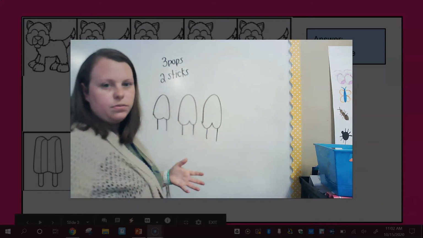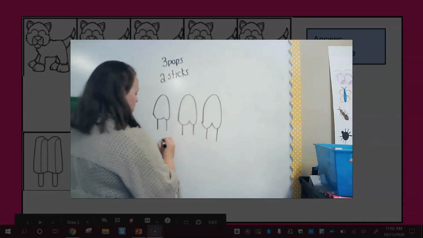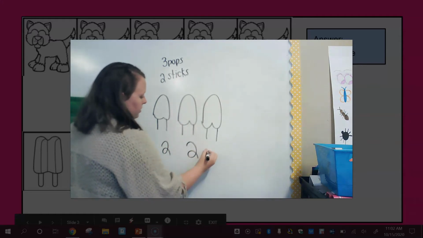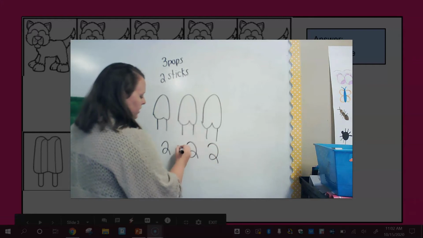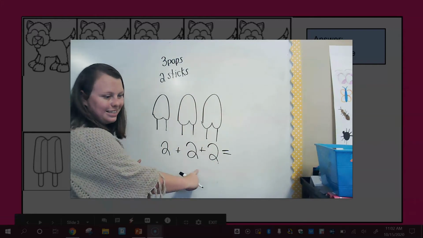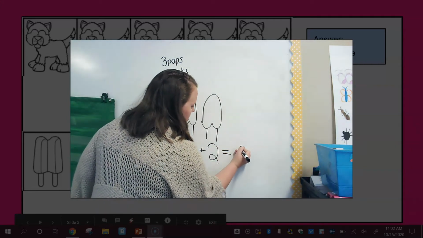There are my popsicles, and I'm looking for the sticks. So I can say this has 2 sticks, this has 2 sticks, this has 2 sticks. And if I add them together with my repeated addition, I get 2, 4, 6.